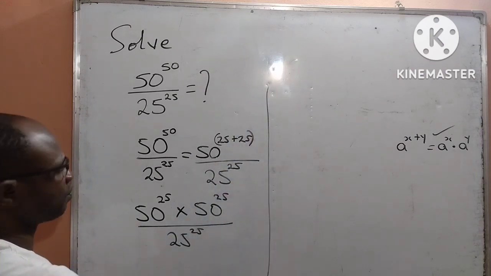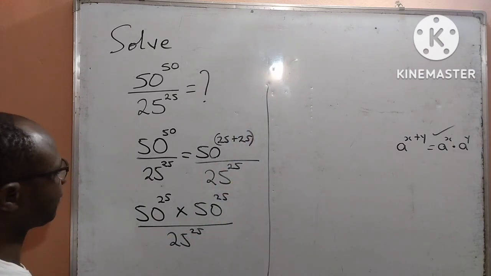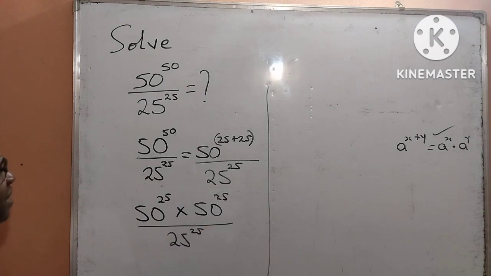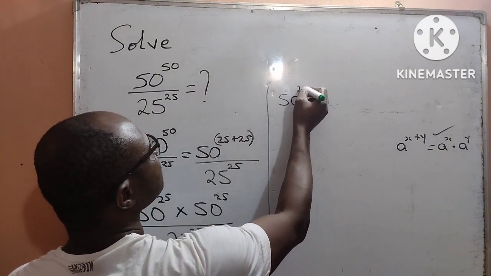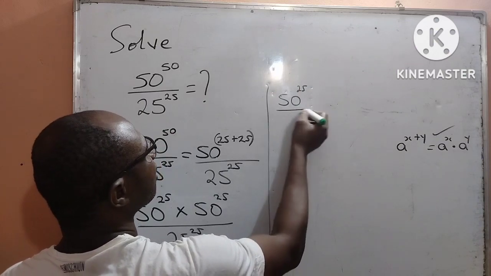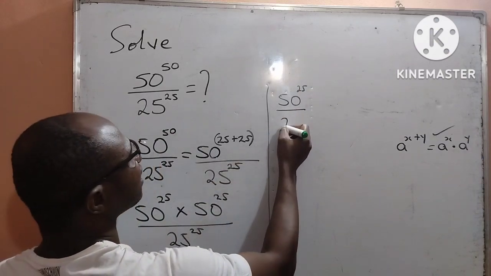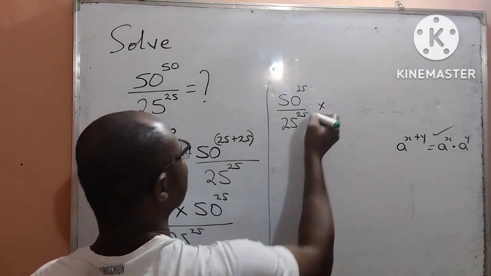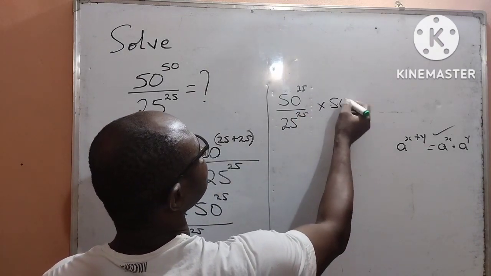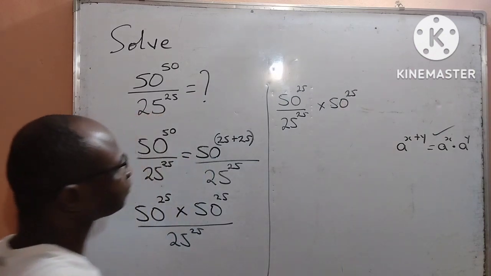Alright, so we'll move forward, and going forward, I can now write this as 50 to the power of 25 all over 25 to the power of 25, then multiply by 50 to the power of 25.